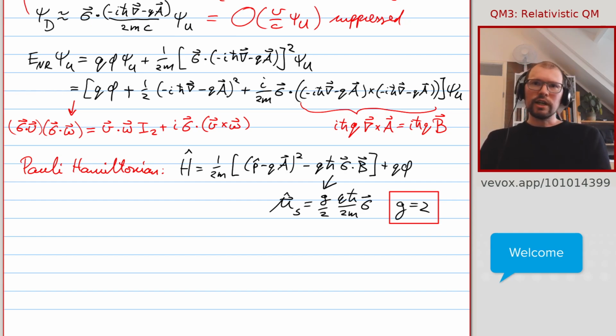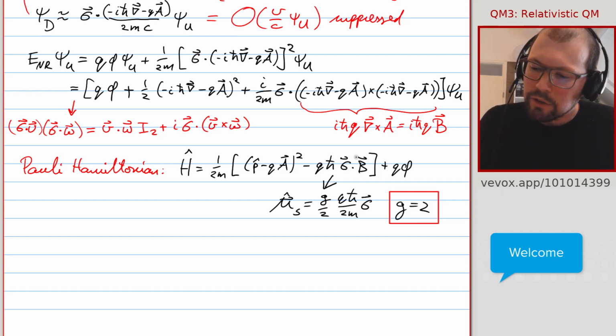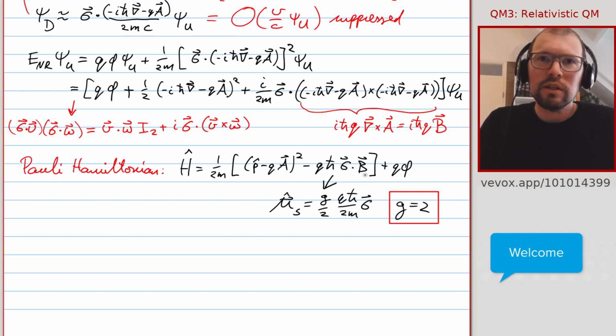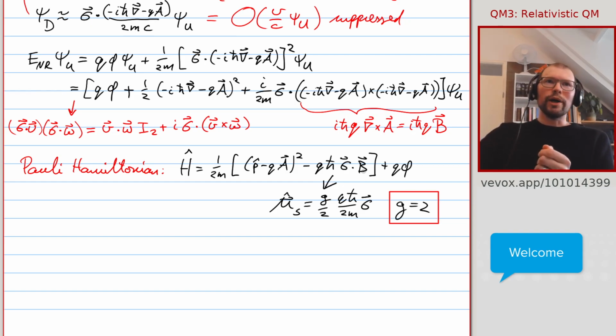So for instance, you can compute further velocity over the speed of light corrections, and also the interaction of your spin, not with the background magnetic field, but with the magnetic field that is actually generated by the orbital velocity of your charged particle.